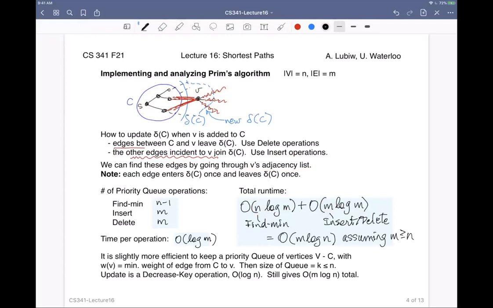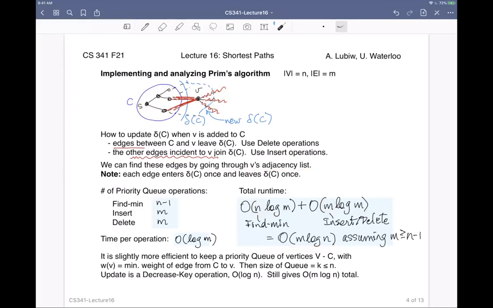The reason we can make that assumption is because we don't even need to run a minimum spanning tree algorithm if there are fewer than n-1 edges. So that completes it. This is the final runtime of Prim's algorithm. We're getting the same runtime as we did with Kruskal's algorithm.